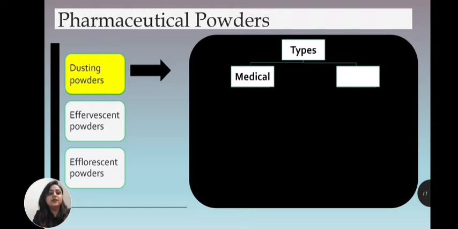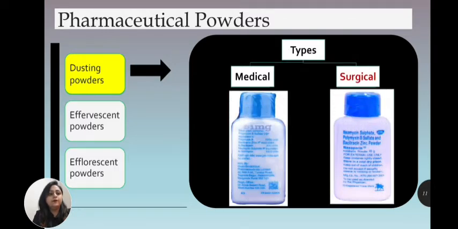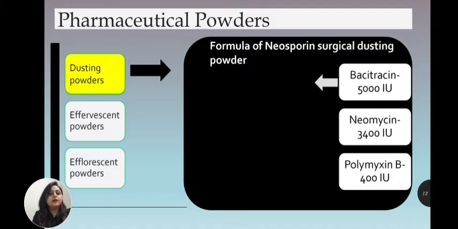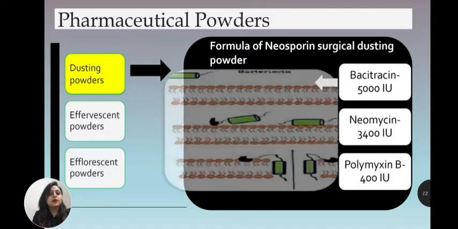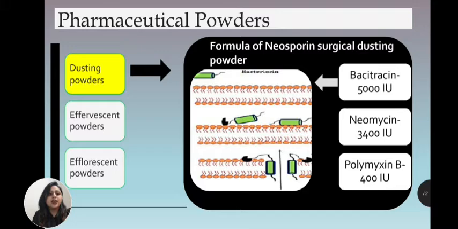Now the second type is surgical dusting powder. Surgical dusting powders are generally sterile preparations and contain an antibacterial agent. They can be instilled into body cavities or applied on burnt areas, and they are also used on the umbilical cord of infants. Surgical dusting powder includes bacitracin, whose mechanism of action is disrupting the cell membrane and cell wall.